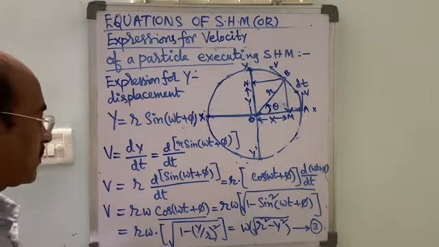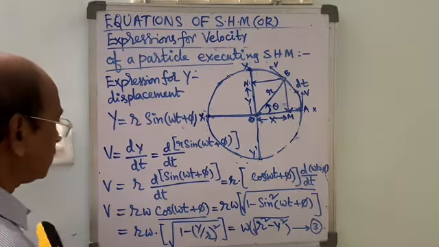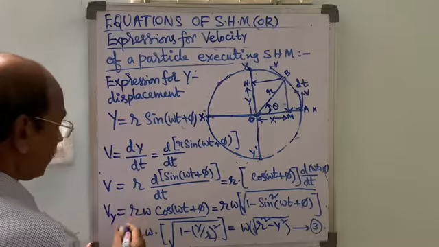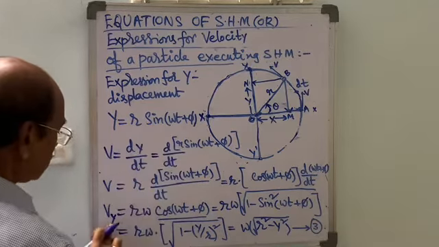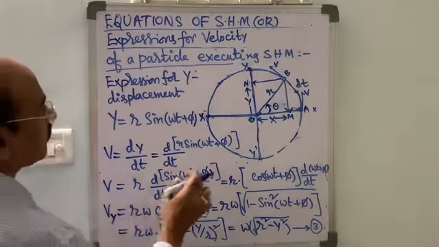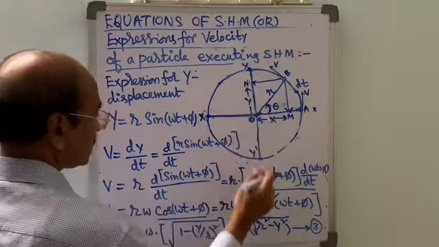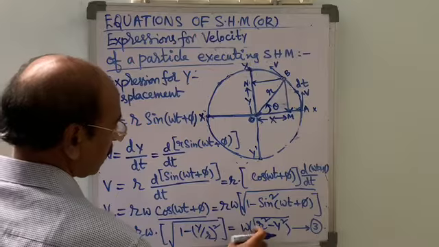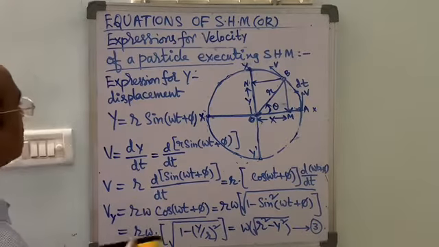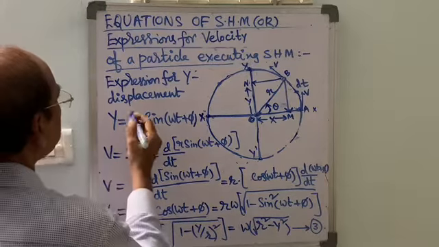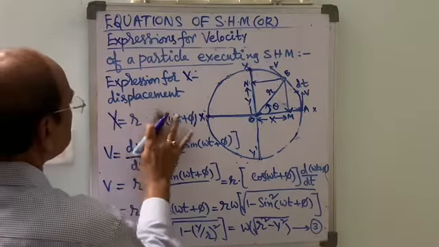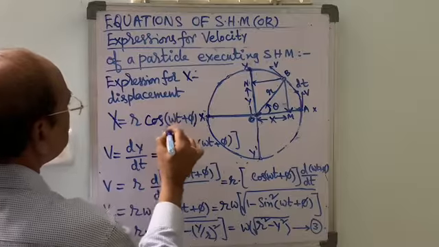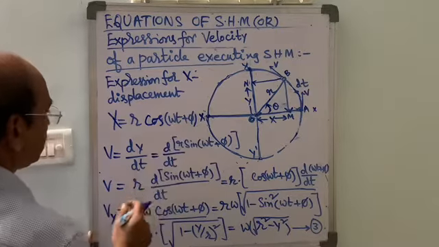So this is the expression for velocity. Similarly, from the y displacement, the velocity of the particle on the y diameter is omega into square root of R square minus y square. Similarly, from the x displacement, x is equal to R cos(omega t plus phi).